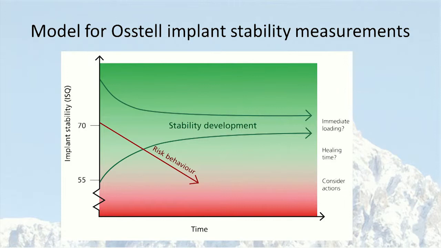With time, we will see changes of the ISQ value. For implants with low stability, usually we like to see an increase with time. If we have very high stability when we place the implant, it's not unusual that we see a decrease. And it seems like all implants are actually striving toward an ISQ of about 70, 75 after completed healing.